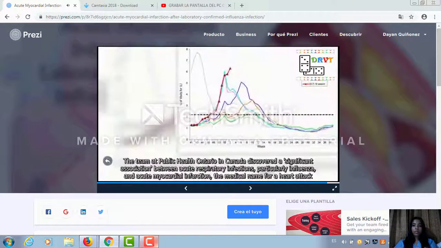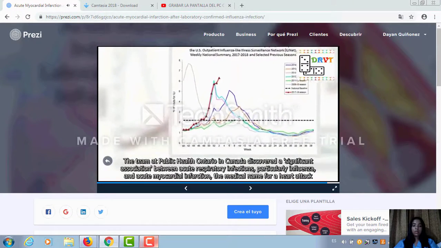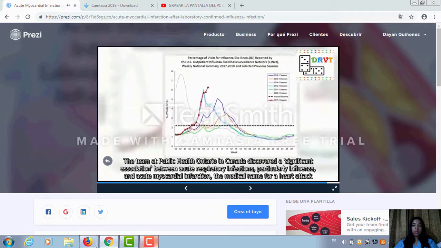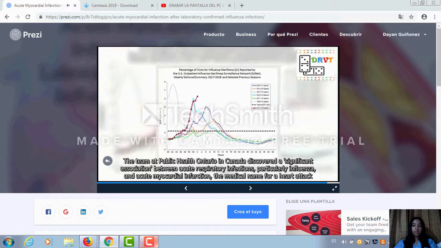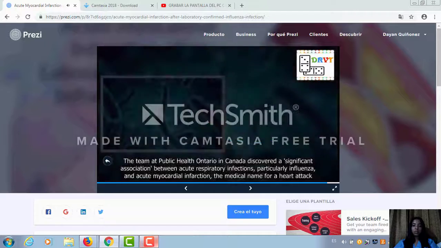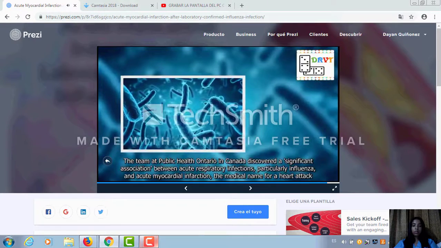The team at Public Health Ontario in Canada discovered a significant association between acute respiratory infections, particularly influenza, and acute myocardial infarction, the medical name for a heart attack.